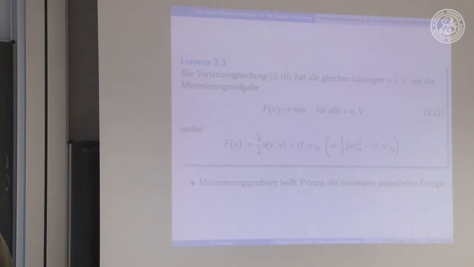Okay, there's another type of formulation. If you have looked at sets of equations with symmetric positive matrices, you might have seen that those sets of equations are equivalent to a quadratic minimization problem. Rings a bell? No?